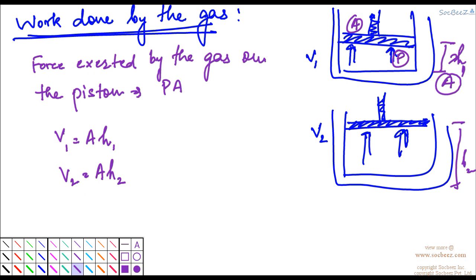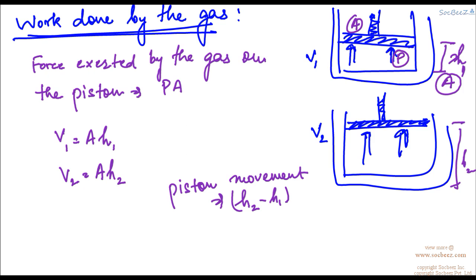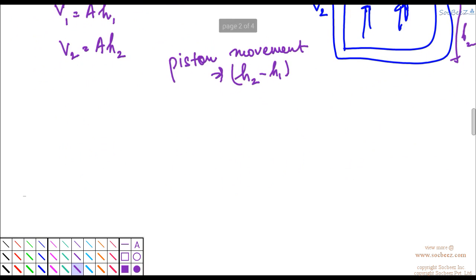So basically the piston movement is equal to h2 minus h1. There has been displacement for the piston in the upward direction.